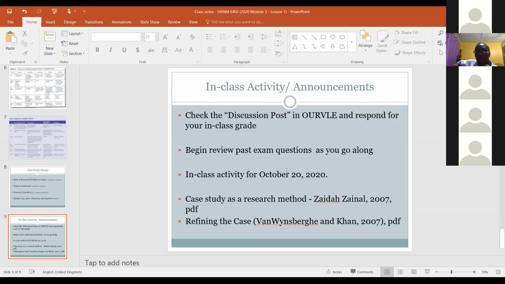A point they made though, sir, which I'm still trying to envision, because I learn better when I visualize, is where they said it's not exclusively about revealing the case itself, but it is about the unit of analysis being discovered or constructed as you go along.